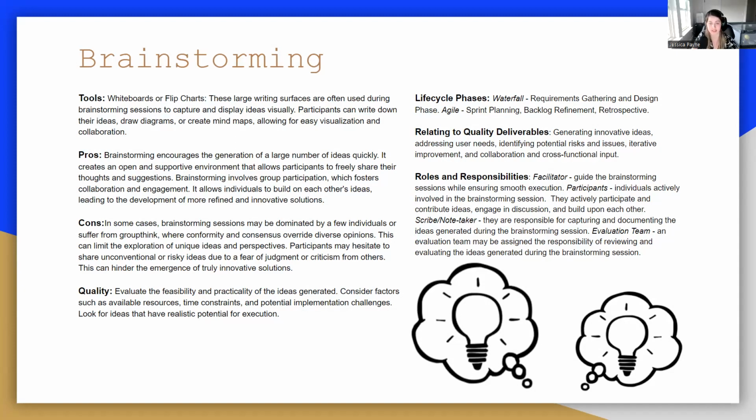Each of the participants can write down their ideas, draw pictures, or create mind maps, allowing for easy visualization and collaboration. But you don't have to do it on paper or on a whiteboard. There are digital programs that allow for something similar. It's just helpful to get those ideas written down so you don't forget anything that's said during the brainstorming session, because that kind of defeats the purpose of the session if you just forget all the ideas you came up with.